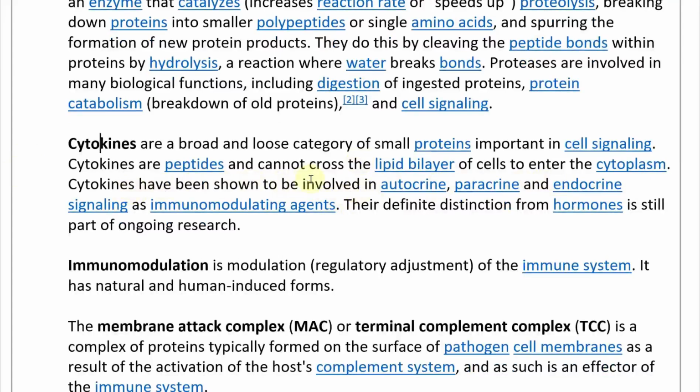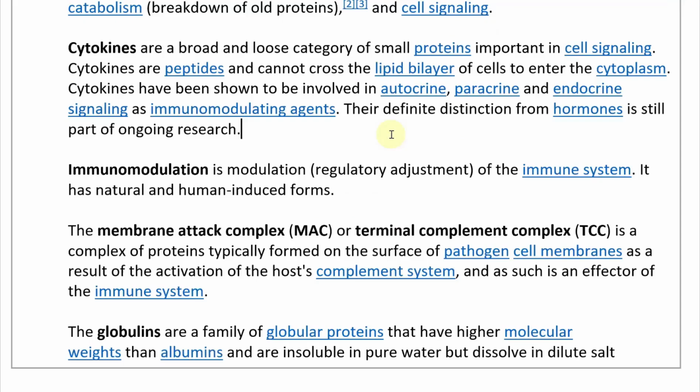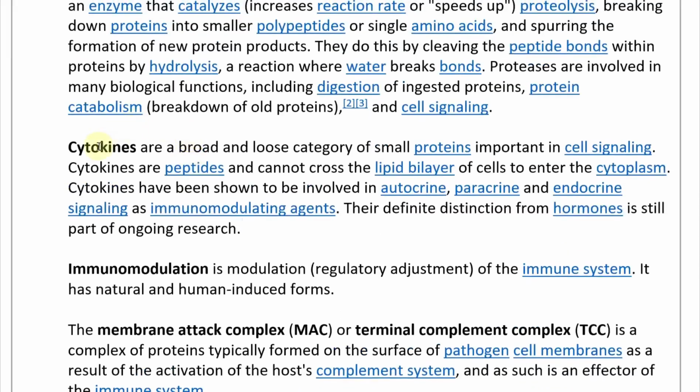Cytokines have been shown to be involved in autocrine, paracrine, and endocrine signaling as immunomodulating agents. So autocrine, that's within cells. Paracrine is close by. And endocrine is within the circulating system. So as immunomodulating agents, their definite distinction from hormones is still part of ongoing research. So basically they're a more broad and loose category of small proteins, and they're peptides and can't cross the lipid bilayer, etc.